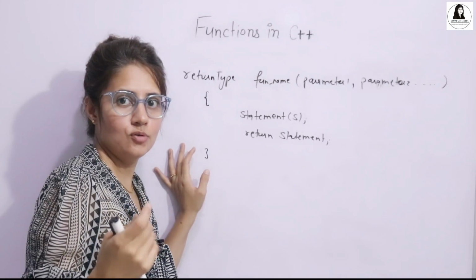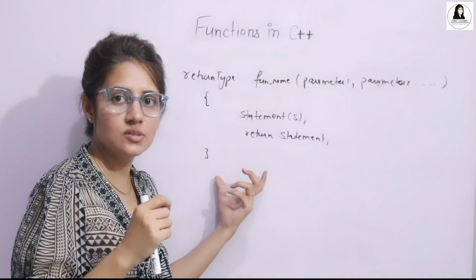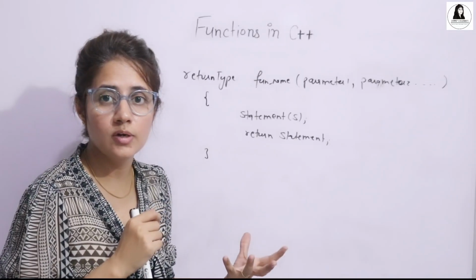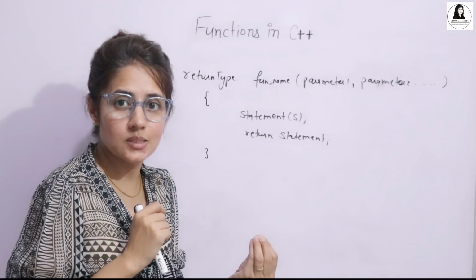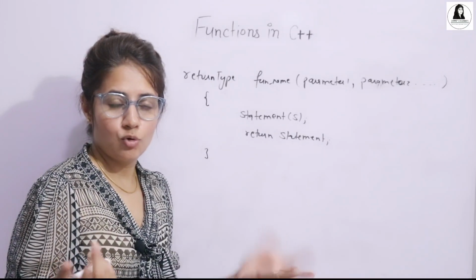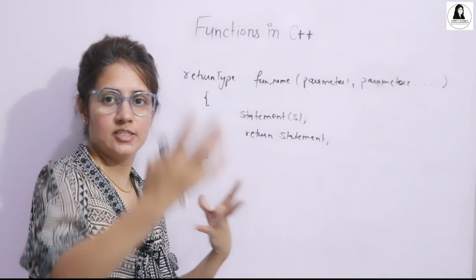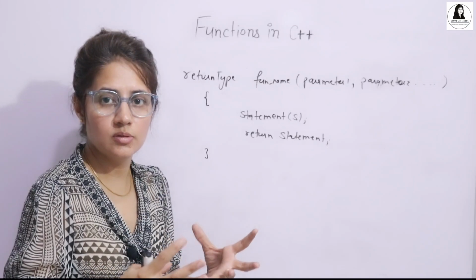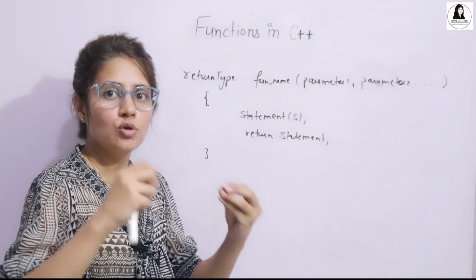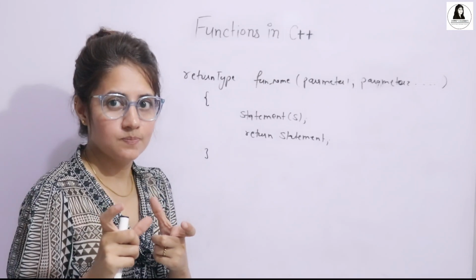If you want to know the proper definition, a function is a piece of code, or you can say a group of statements or a block of code, which performs a specific task. That's it. That is a function. Or it's a piece of code that will take some input, perform some computation and give you some output, right? So it is going to perform a specific task, right?